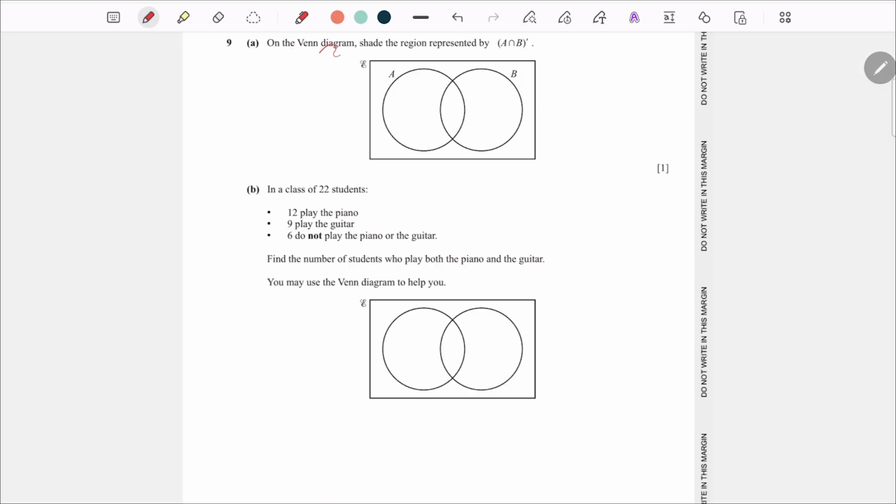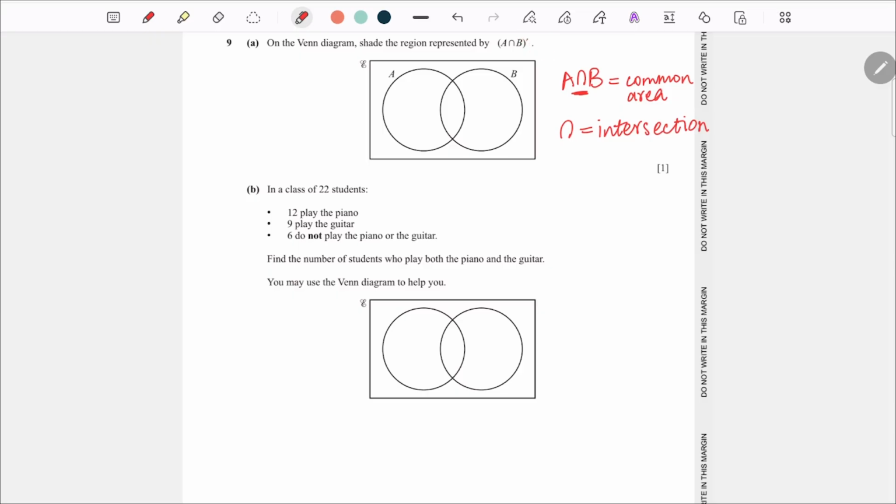Question number 9a. On the Venn diagram, shade the region represented by A intersection B whole complement. So basically A intersection B means the common area between A and B. This sign represents intersection. So A intersection B will be this tiny region right here. But the question is stating A intersection B whole complement. Now this little dash right here represents complement.